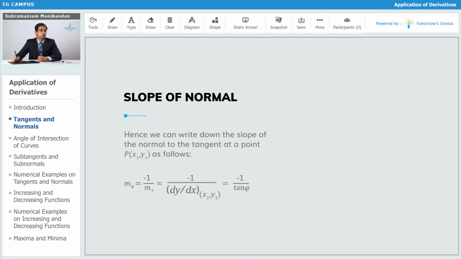Hence, we can write down the slope of normal to the tangent at the point P(x1, y1) as mn is equal to -1 upon m_t, which is equal to -1 upon dy by dx at the point (x1, y1), which is also written as -1 by tan phi.